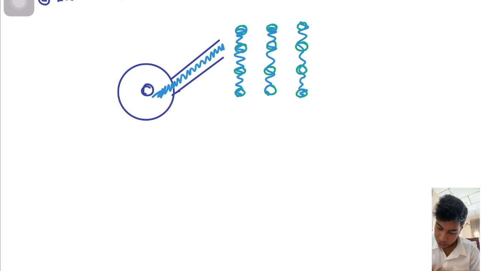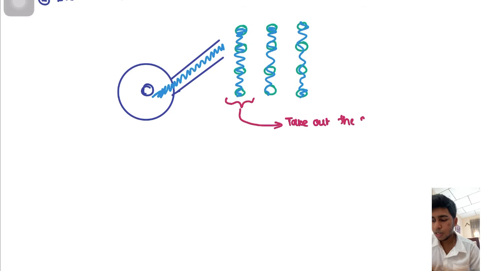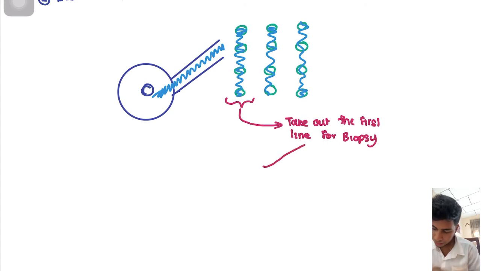So you take out the first line for biopsy. If it is negative, if there is no tumor, then fine, the patient doesn't have any cancer, because it has to first go to the first group before it goes to the next groups.